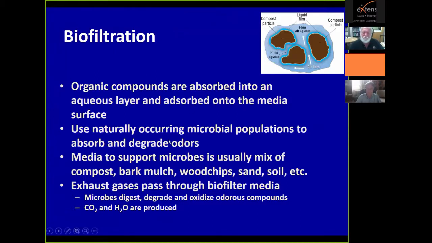The media that is used to support the microbes is usually a mix of compost and mulch. And so the exhaust gases pass through the biofilter media. We design these for what's called a gas retention time. In other words, the exhaust gases stay in the biofilter for a finite period of time, usually 45 seconds to 1 minute.